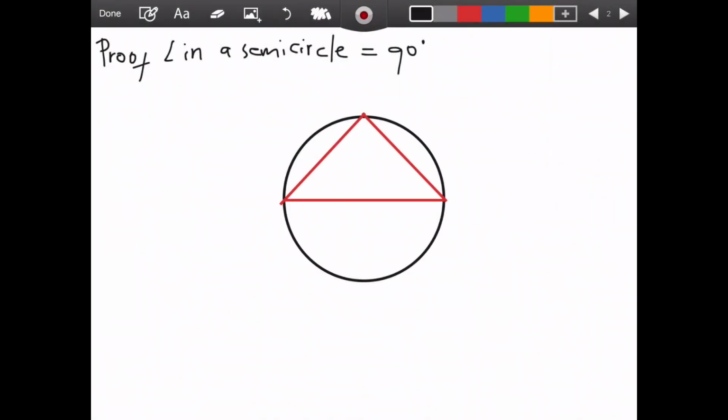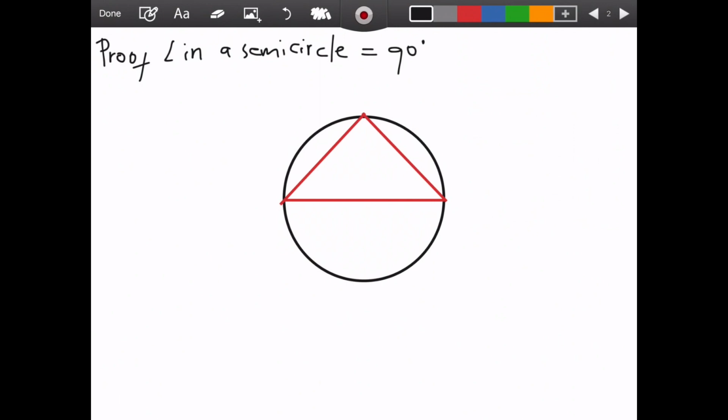Before we go on to the next question, I would like to prove some theorems regarding angles in a circle. The first proof I would like to show you is a proof that the angle in a semicircle is equal to 90 degrees.